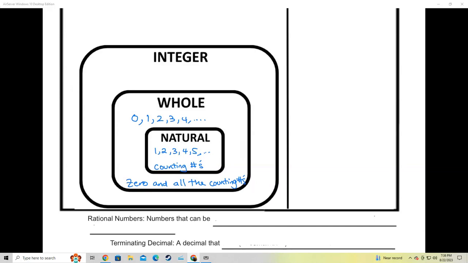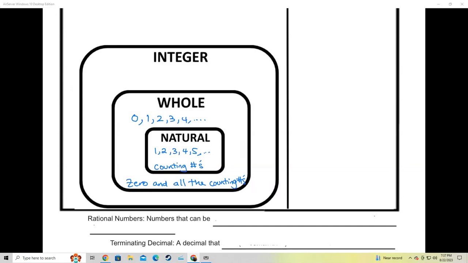Now we're going to figure out, what is an integer? An integer is basically all of the whole numbers and their opposites. When I say opposite, the opposite of 4 is -4. The opposite of 7 is -7. To make it a little more difficult, the opposite of -9 is +9. And to make it even harder, the opposite of 0 is 0.